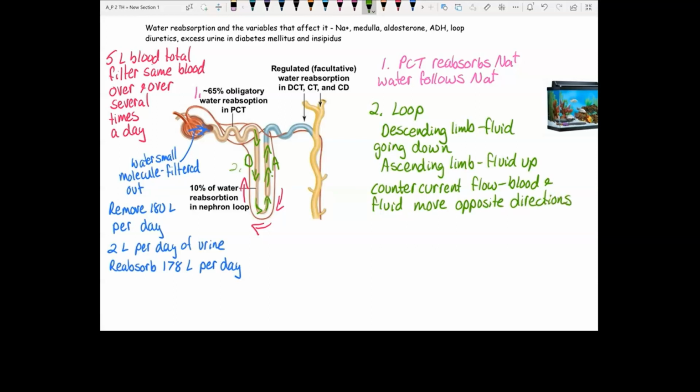So the ascending limb of the loop has transport proteins that move salts into the blood.